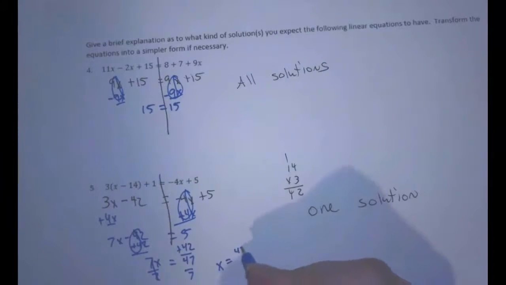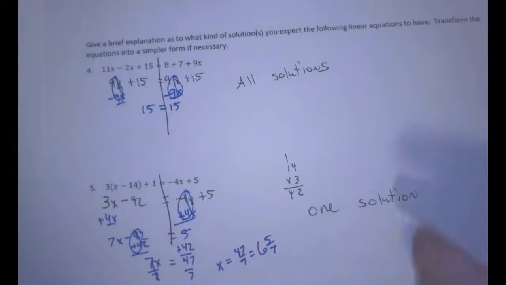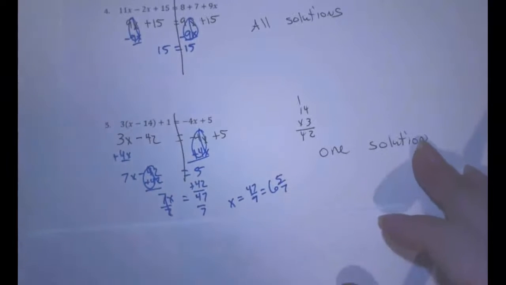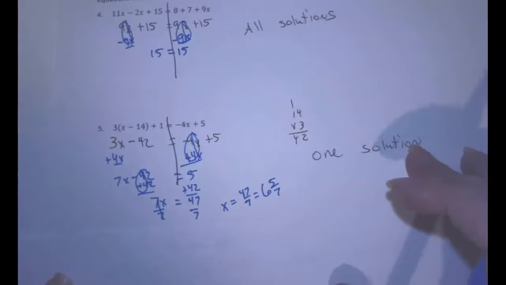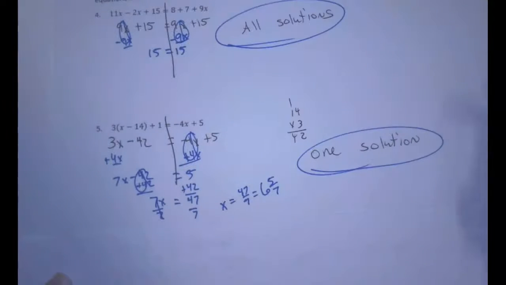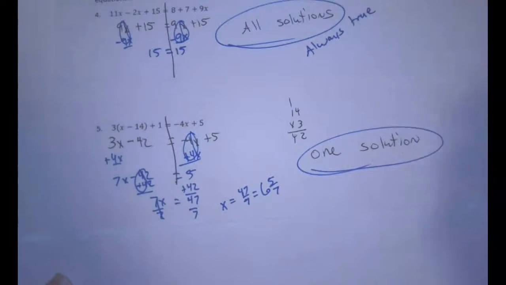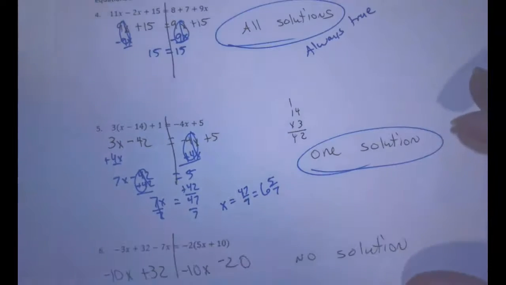And x is 47 over 7, which would be 6 with 5 left over out of 7. So we've proved that. Move on to the next question. Classification: always true, all solutions.